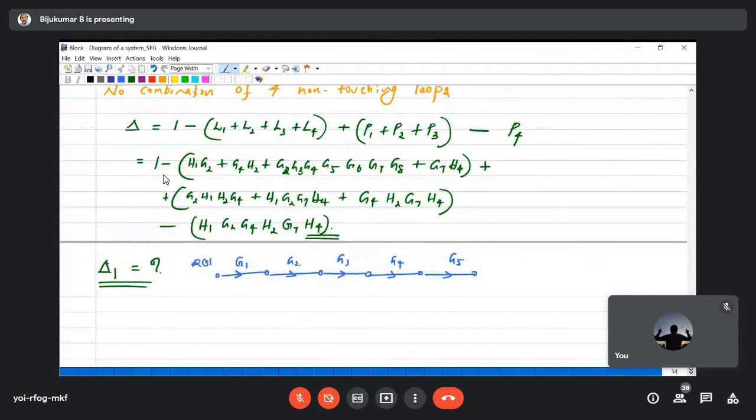Or last loop number 4, G7 H4. So this portion is not touching the first forward path.